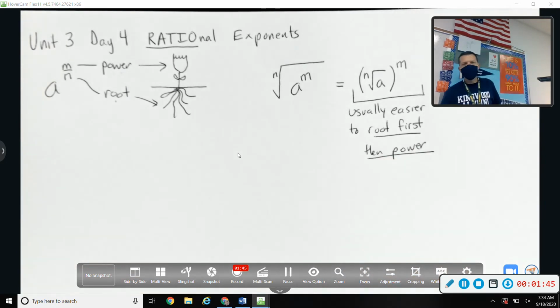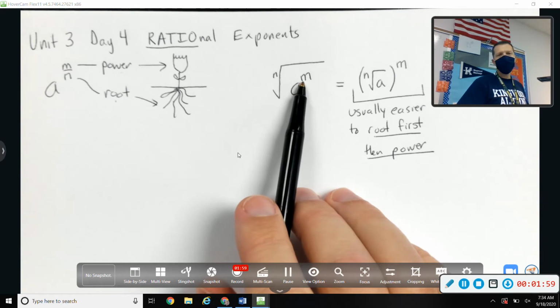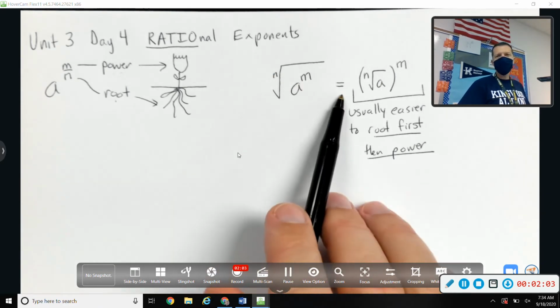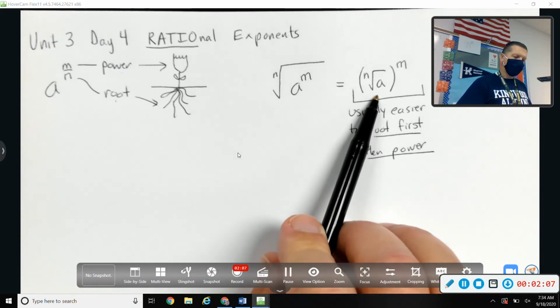And the reason is doing the root first gives us a smaller number. Usually, there are some exceptions, but usually doing the root first gets us to a smaller number, and then we power it back up to whatever. If you do it the other way, you power it up so you get a giant number, and then you've got to take the root of a big number, and it's just harder. So same answer, but root first is usually the easier way.